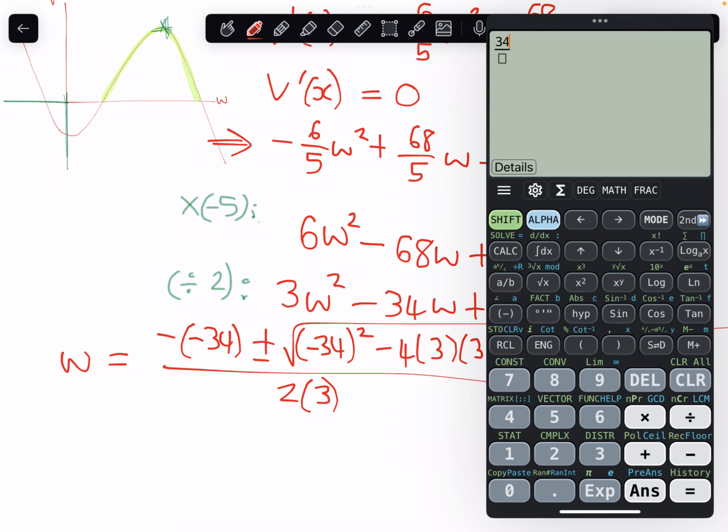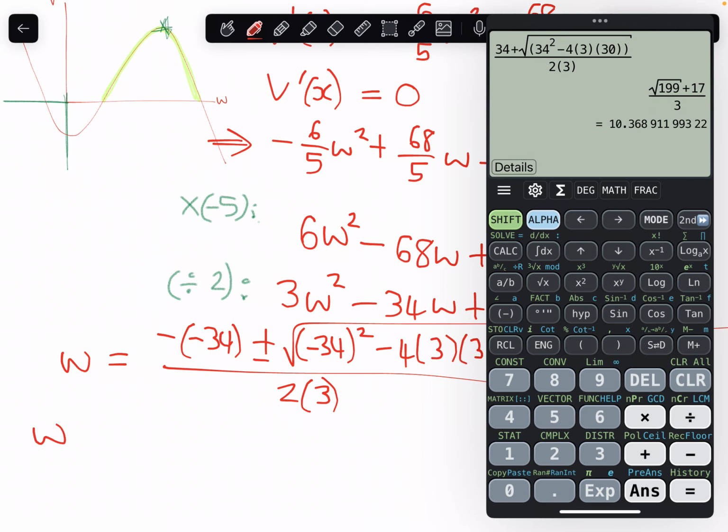Okay, so 34 plus the square root of 34 squared minus 4 times 3 times 30, and then 2 times 3 at the bottom. Okay.